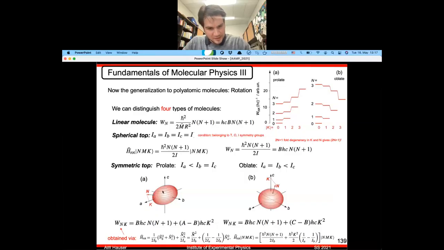So think of this as like an egg shape, right? If you rotate this now along the z-axis, it has the same moment of inertia as a rotation along the b-axis. And these two rotations are rotations with a higher moment of inertia than a rotation along the a-axis, which is the figure axis of this egg-like shape, right?